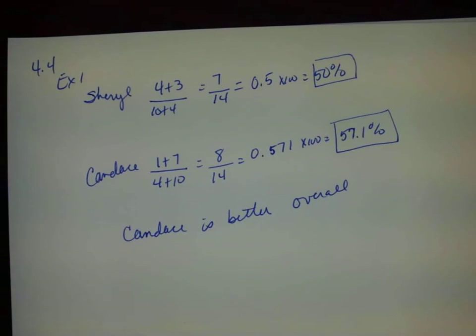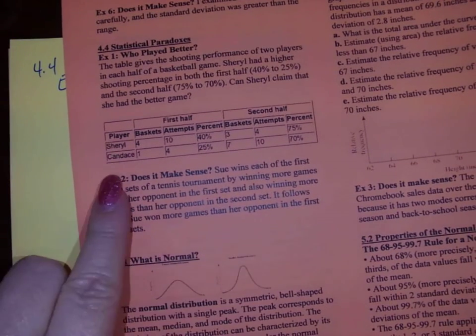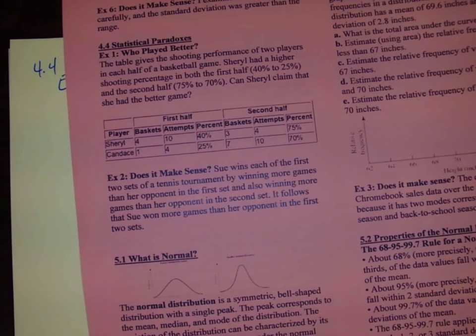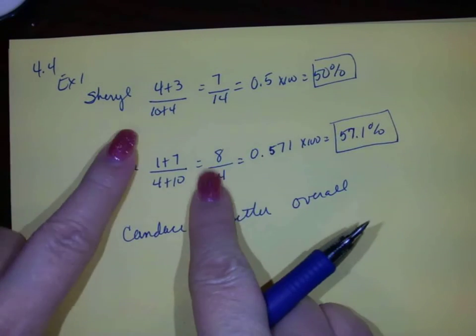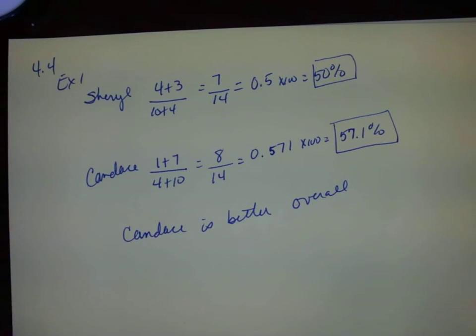This is why it's called a paradox, because it looks straight cut, right? She's doing better, she's a better player, but actually Candace made a better basket percentage overall. All right. So you just got to be able to put the pieces together over the denominators and then figure out the percentage and then compare them.